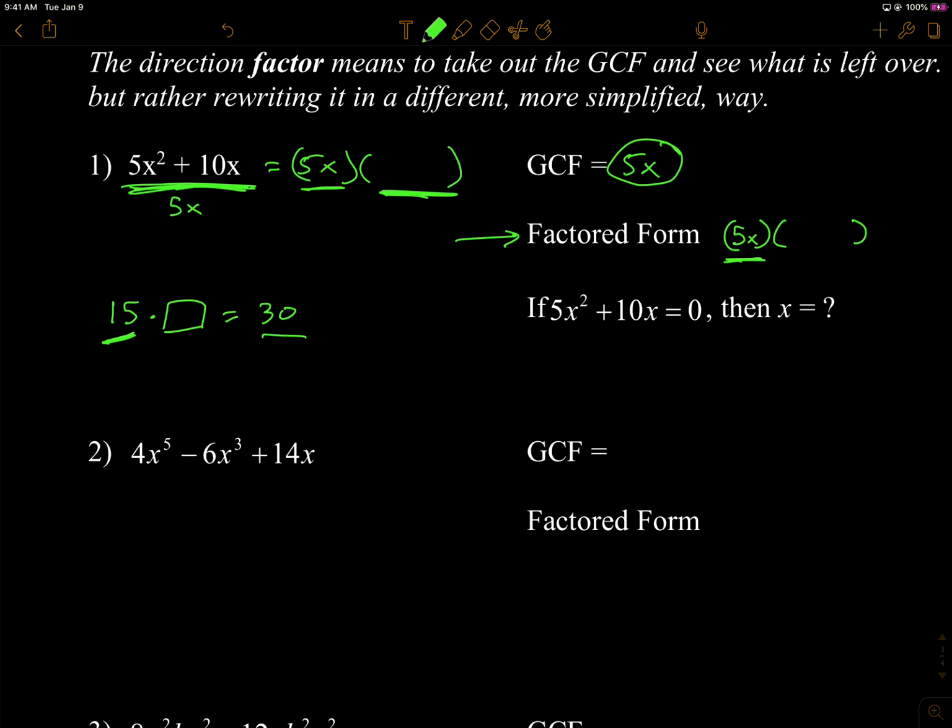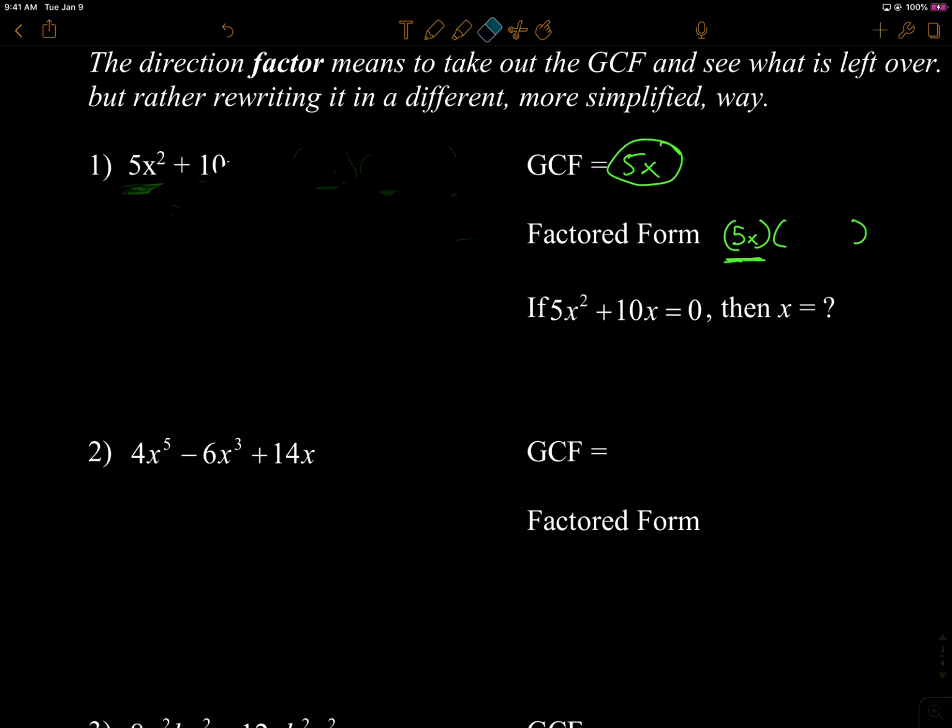And I know I want it to equal this whole polynomial. So how do I find the missing factor? You do division. You divide by 15. And that's how I can come up with the 2 here, because 30 divided by 15. I take the whole amount and divide by the common factor, or whatever the factor is that I know. So that's how I'm going to figure this out. I'm going to take my original and divide it by the common factor. Now, I can only divide each part one at a time.